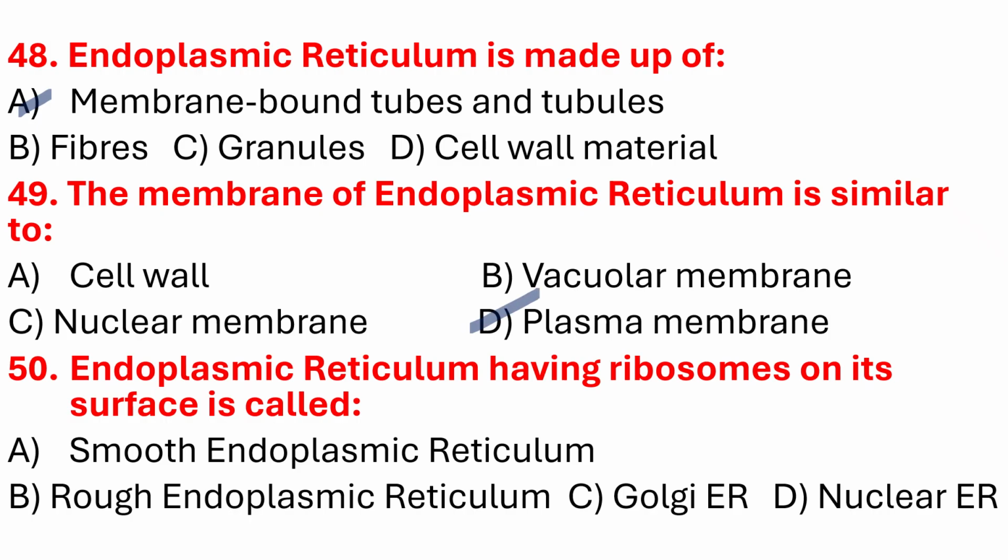The membrane of endoplasmic reticulum is similar to cell wall, vacuolar membrane, nuclear membrane, plasma membrane. Endoplasmic reticulum having ribosomes on its surface is called smooth endoplasmic reticulum, rough endoplasmic reticulum, Golgi ER, nuclear ER. Option B. Rough endoplasmic reticulum.